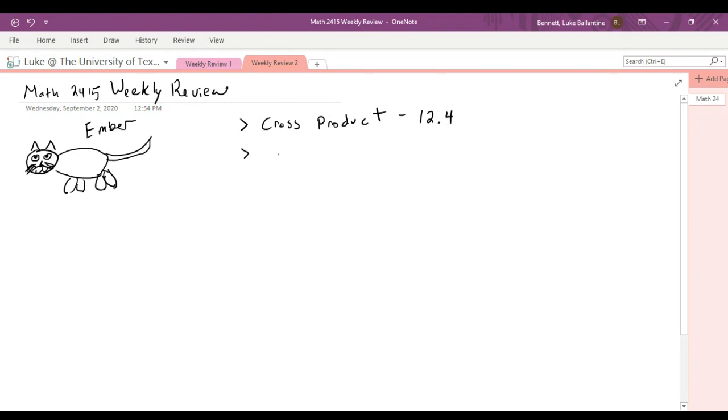The next topic is going to be lines, which is 12.5. If I get to the end and find I have some more time, I might talk about planes a little bit, though I don't think that has been covered in lecture yet. So anyways, let's get started.